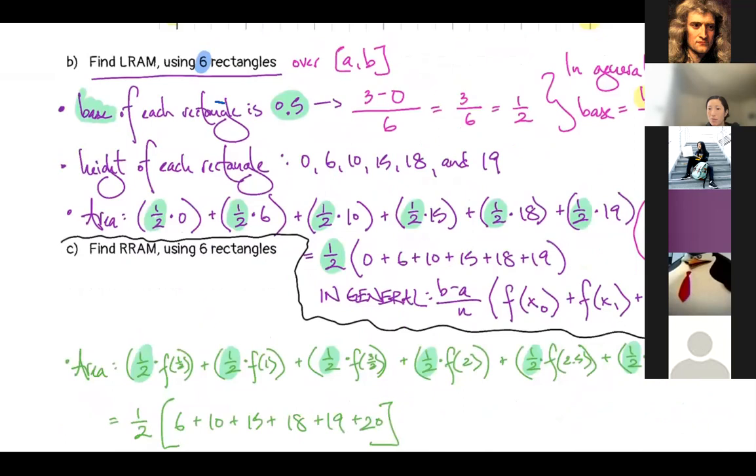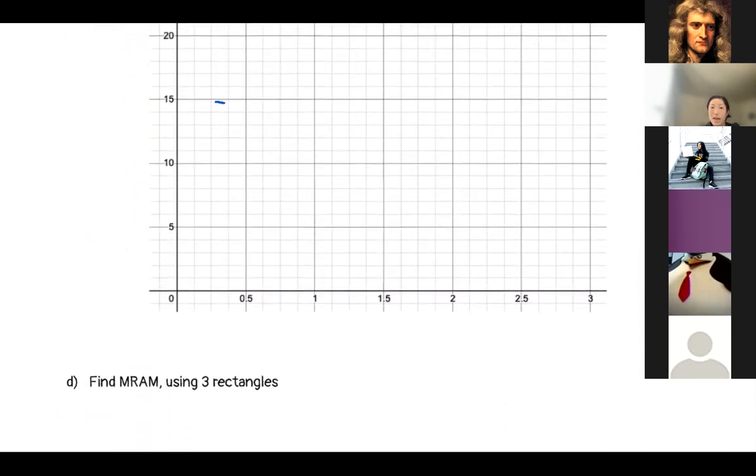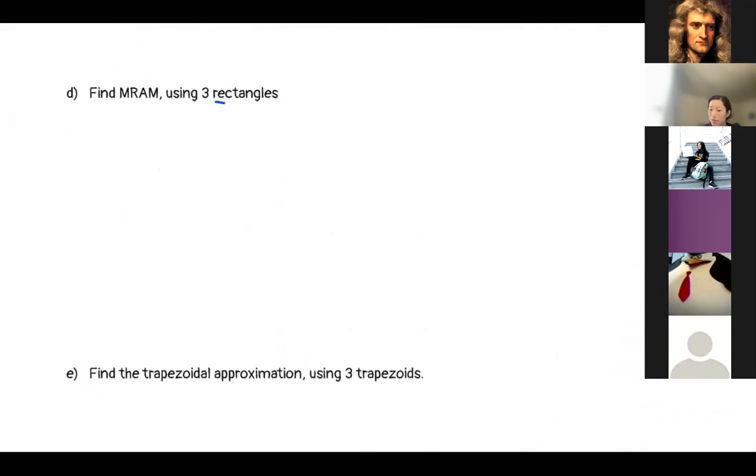Now we're going to talk through one more approximation. And that one is the MRAM one. Okay. We do have the trapezoidal approximation here. We're not going to get to that, and that's totally fine. This is something that you can explore on your own if you wish.